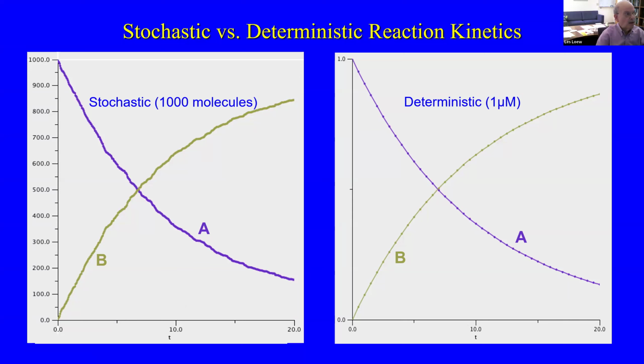And if you run the stochastic simulation 1,000,000 times, you wouldn't be able to see any of this noise anymore. It would be a very smooth curve. The average of 1,000,000 of these runs would be very smooth, and it would look exactly like the deterministic solution.